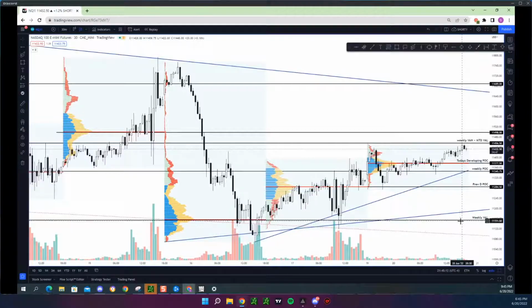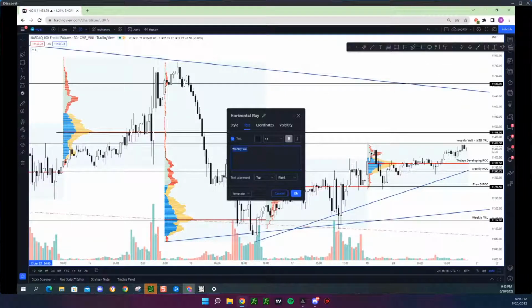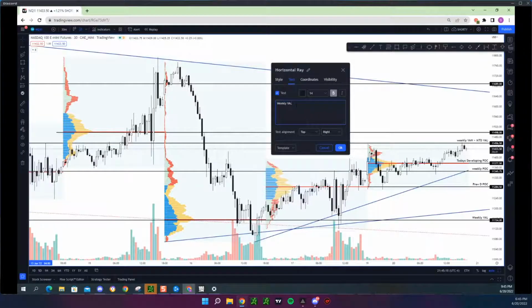Okay, and you guys see here, this weekly vol lines up with what? June 15th POC.